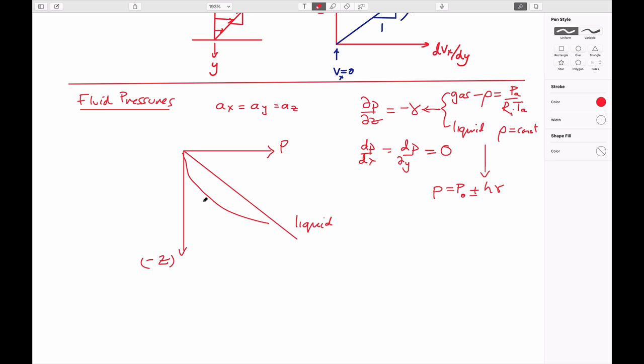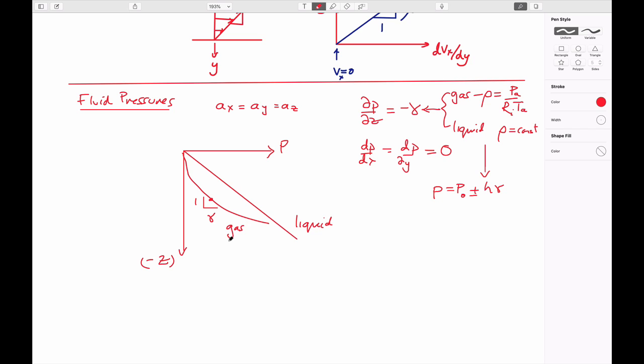In other words, if this is pressure, then this is unit weight, and this is 1. The gradient of this curve is not constant in space. And so this would be for gas.